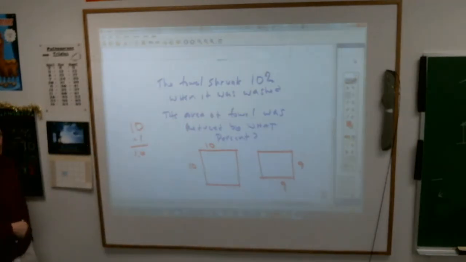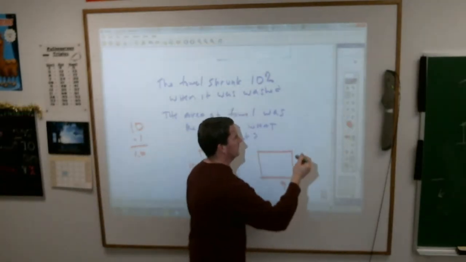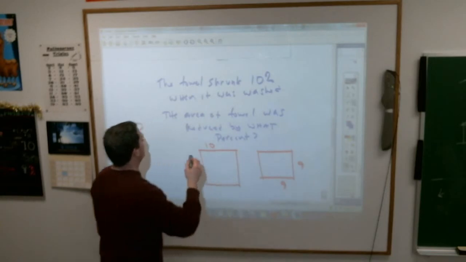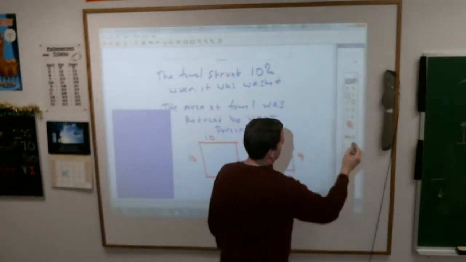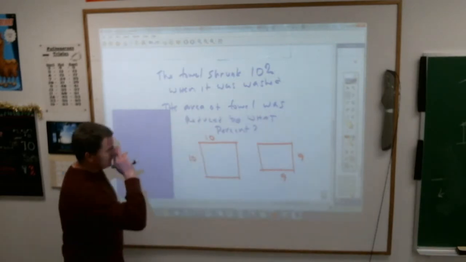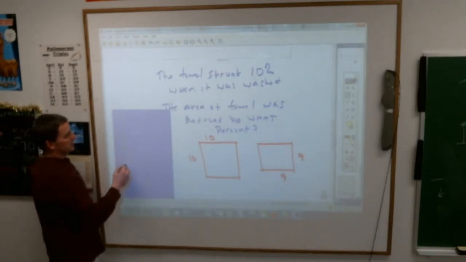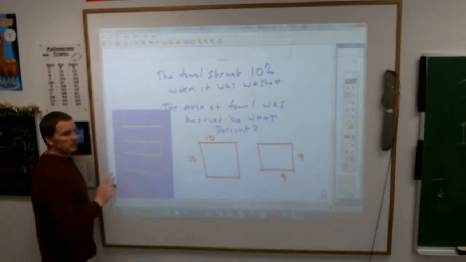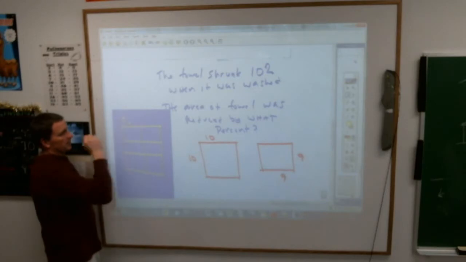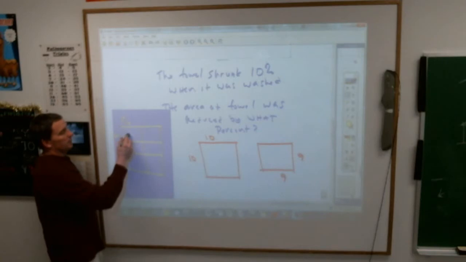Okay, got it? Now this one gets a little dicier than the last one. If they ask you for reduced fractions or increased fractions, I would make that fraction box, or ratio or percent box. That's probably the best way to do it. Because remember when we talk about reducing in percents, you start with the original, which is 100%.